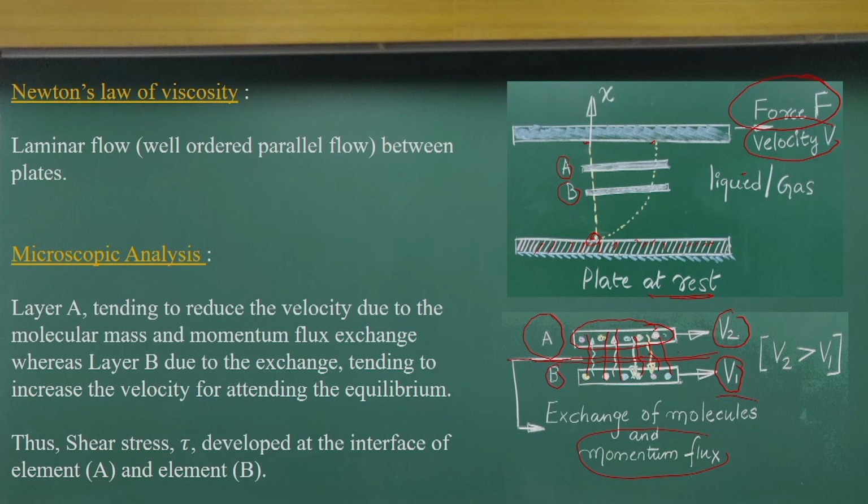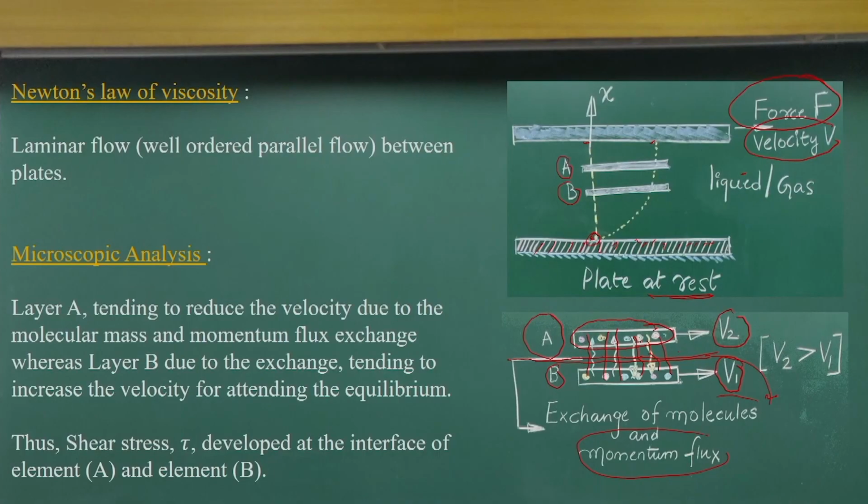The momentum flux and mass exchange between these two layers of fluid packets cause a force on these interface layers, and that force acts like a shear force, a resisting force between the two layers.